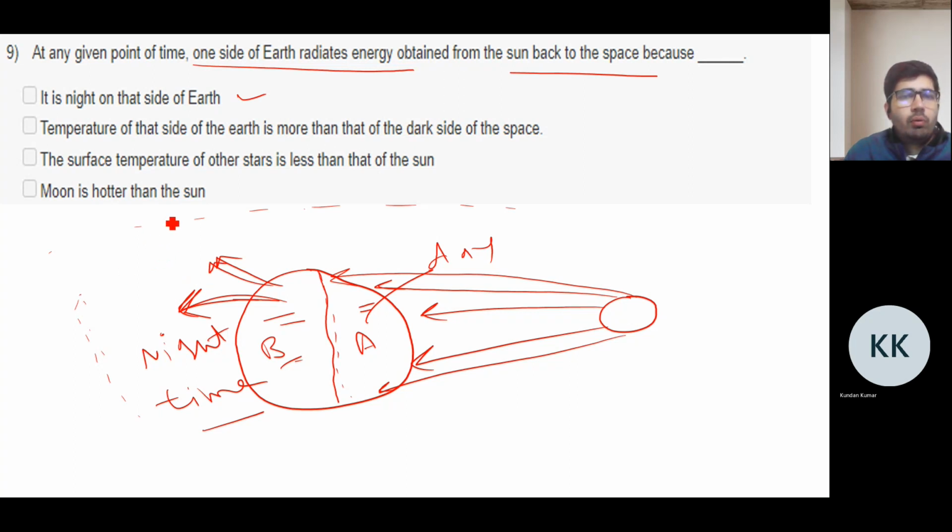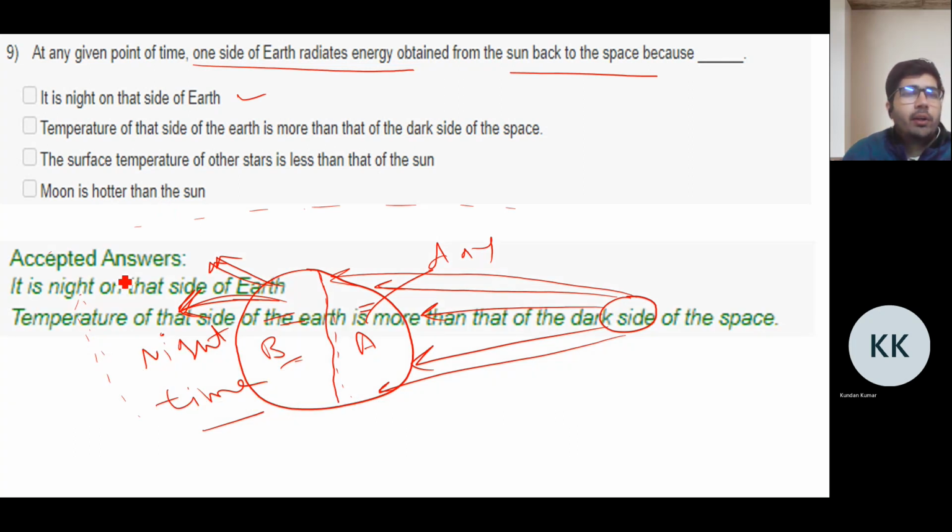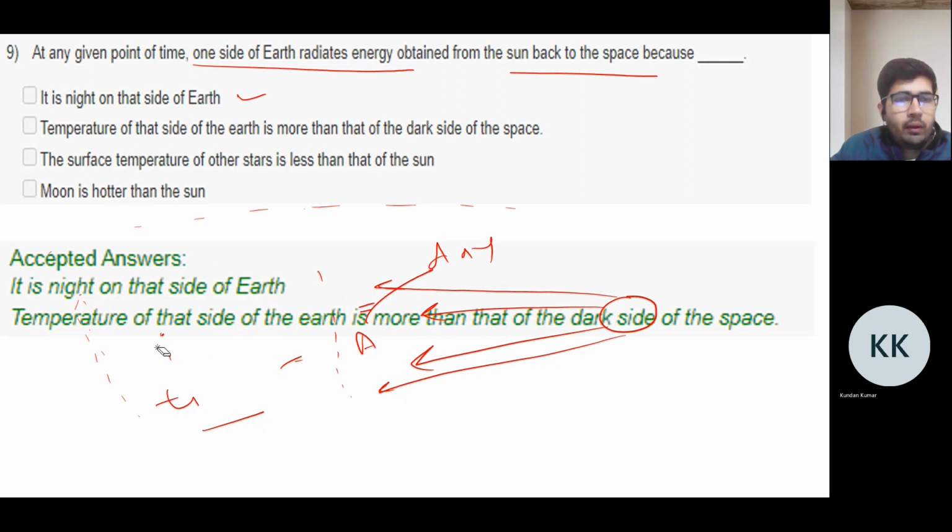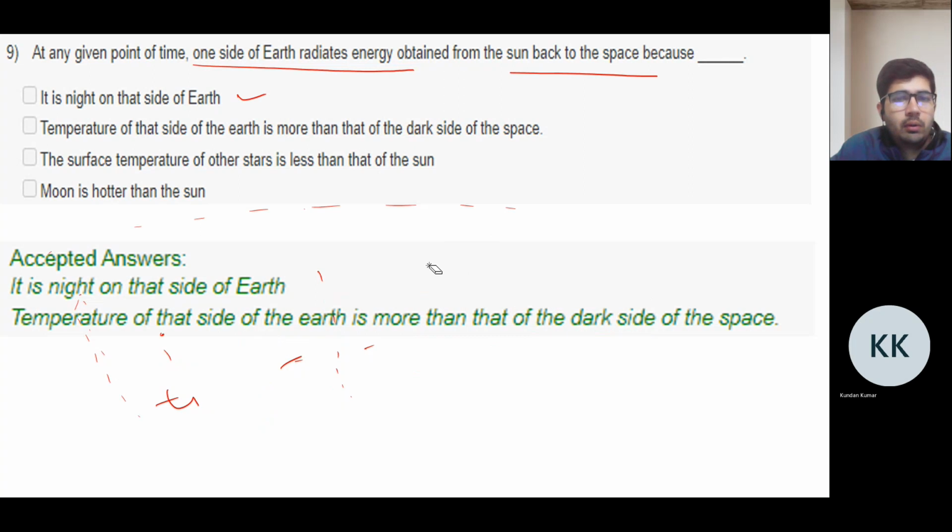So what can the correct options be? The correct options are: it is night on that side of the Earth, and the temperature of that side of the Earth is more than that of the dark side of space. It is night on that side of Earth, because that side is radiating energy.